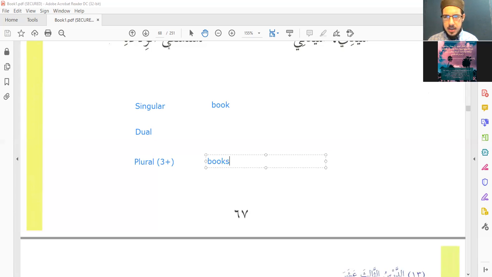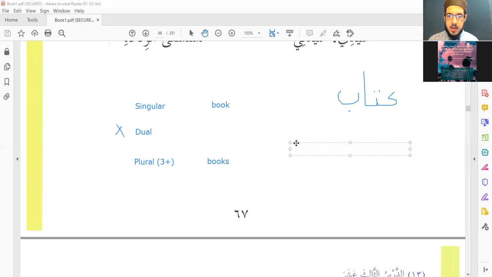In Arabic, it's not so straightforward, okay? Singular is straightforward. You learn the word. We'll go with this translation. Kitab. Dual, we're not going to worry about it right now. Plural, in Arabic, there are 3 types of plural.